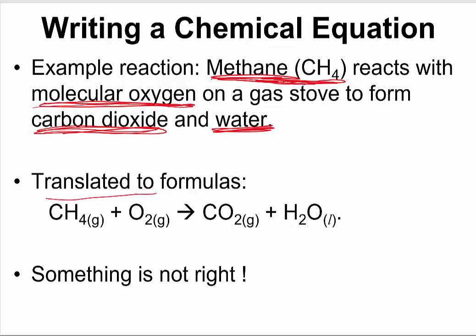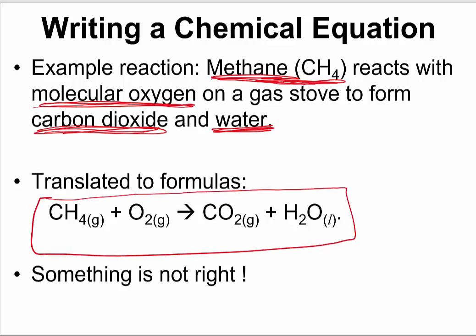Take a look at this equation. Methane, which is a gas, this G in parentheses means that you're dealing with a gas, is reacted with, the plus sign is telling you that you are adding the methane and the oxygen together, and the oxygen also is a gas. To give, the arrow is pointing in the direction of the reaction.